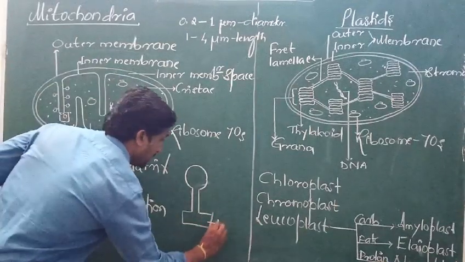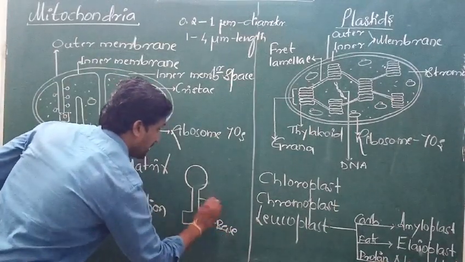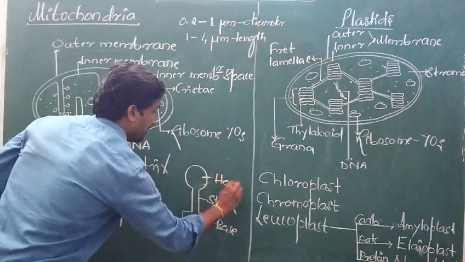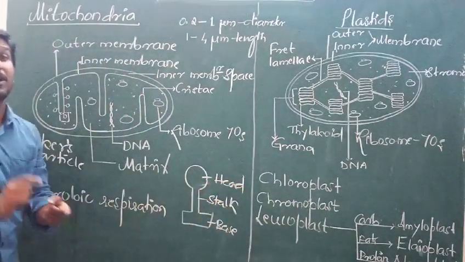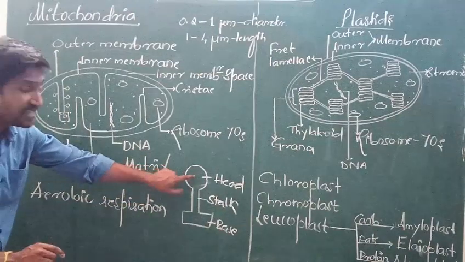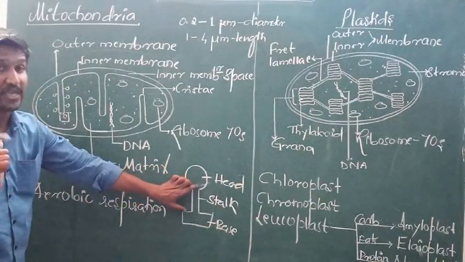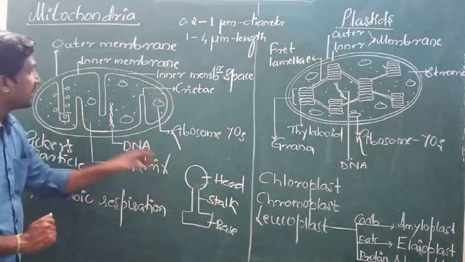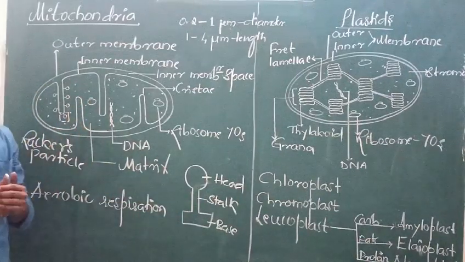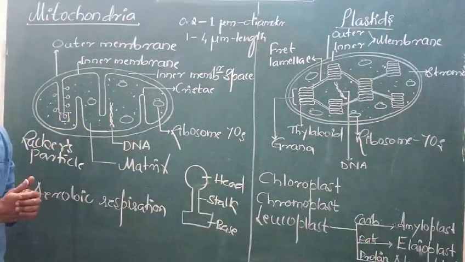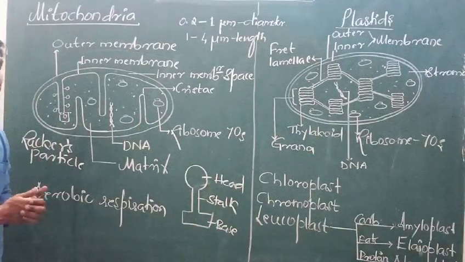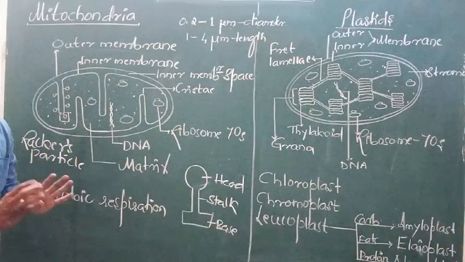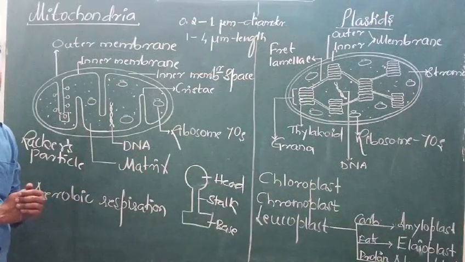So this is the base, this is the stalk, and this is the head, where the Krebs cycle takes place. That is why mitochondria is the most important cell organelle for respiration. That is why we consider it the site for aerobic respiration.